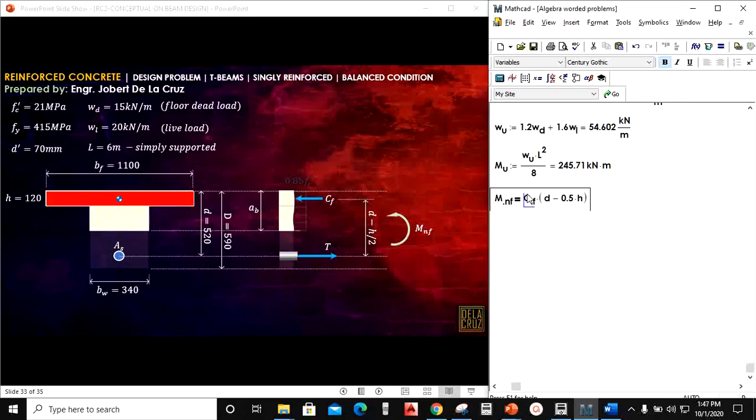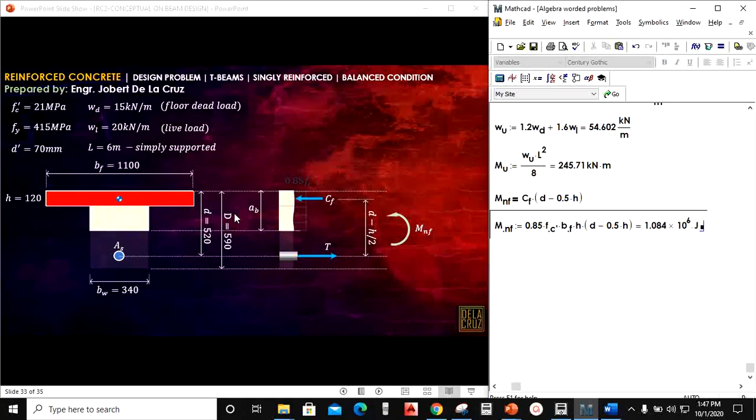So, idiretso ko na lang siguro. MNF is equals to stress of the concrete fc prime times yung area ng concrete dito. That should be BF, beam flange, times the H. Okay? Then, I will just put the moment arm D minus 0.5 of our H. That one. So, ito yung magiging MNF natin in kilonewton meters.